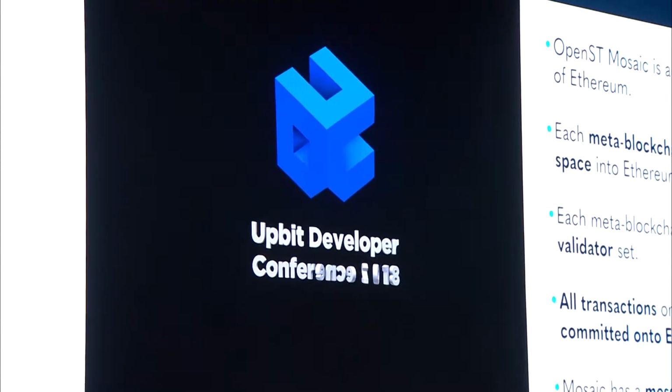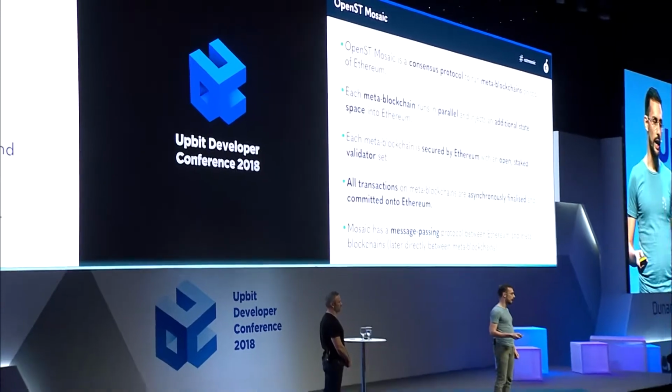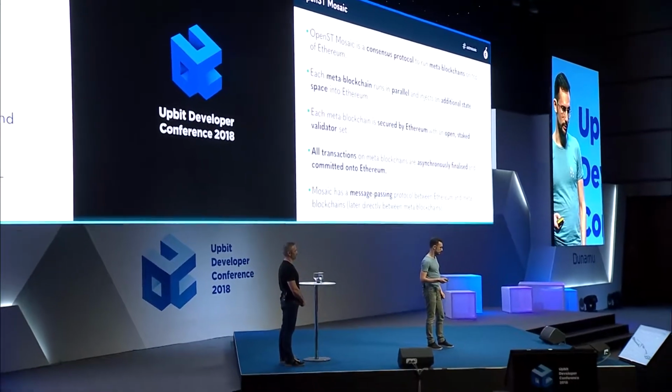Each of these meta blockchains runs in parallel and injects a new state space into the Ethereum state space. Importantly though, these meta blockchains are secured by Ethereum's proof of work. So we leverage the proof of work that we're already expending to secure these meta blockchains. And then all transactions that happen on these meta blockchains are asynchronously finalized and committed back to Ethereum in bulk.